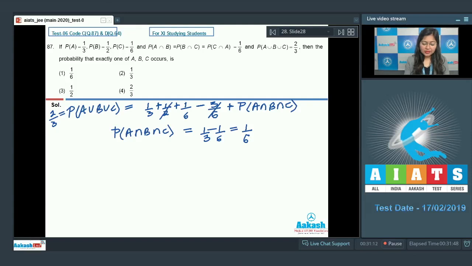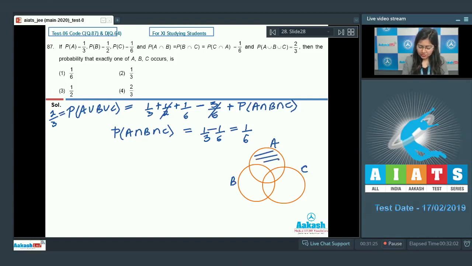Now, to find the probability that exactly one of ABC occurs, let us say these three are the events A, B and C. So, we have to find the probability that exactly one occurs, that is, we have to find the probability of occurrence of this area, that will be equal to probability of A union B union C minus, from the whole we will subtract this area, this area and this area, right?